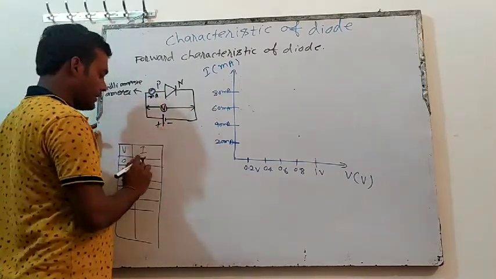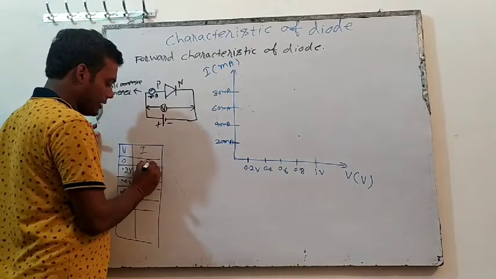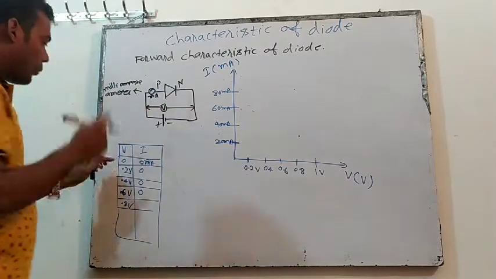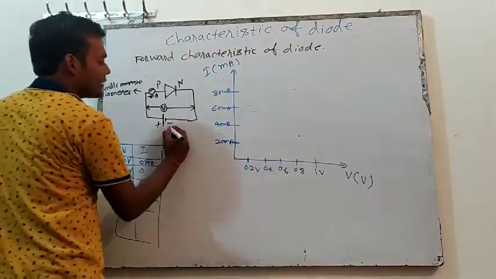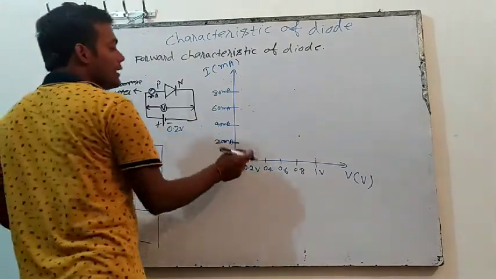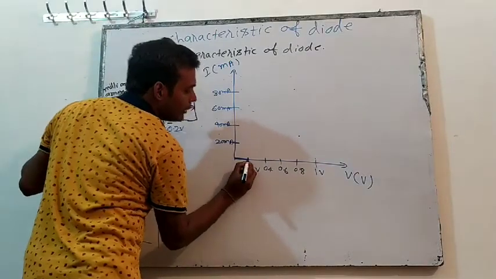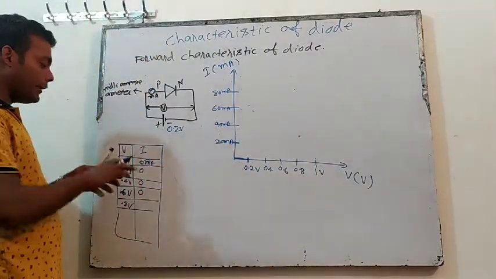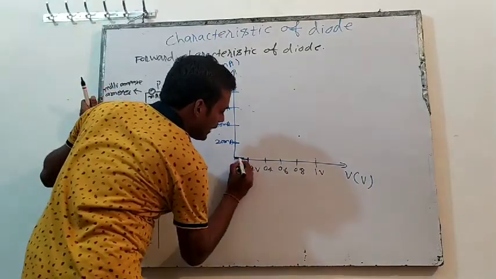So 0 volt, 0 milliampere current is coming. When I increase to 0.2 volt, again I will see 0 current. That means the graph will go like this. Up to 0.2, no current is coming.